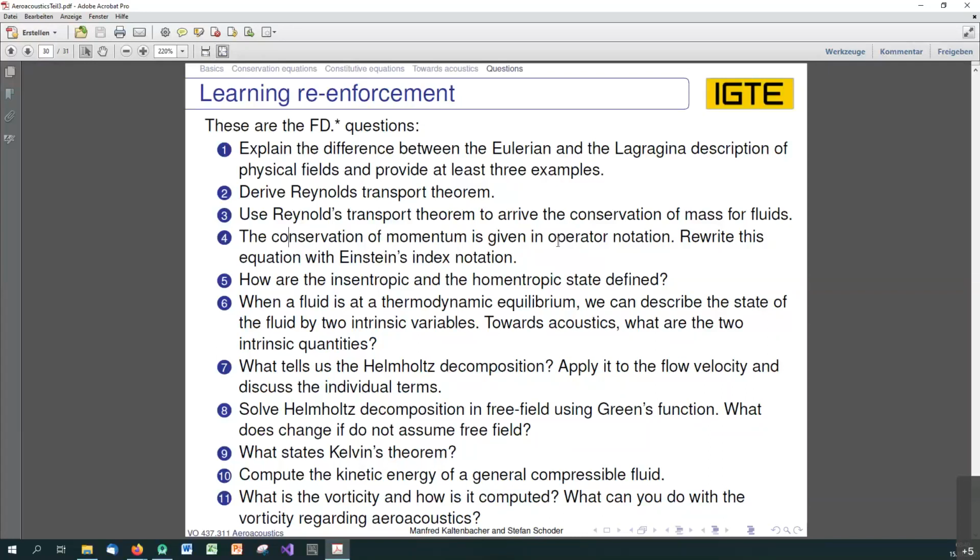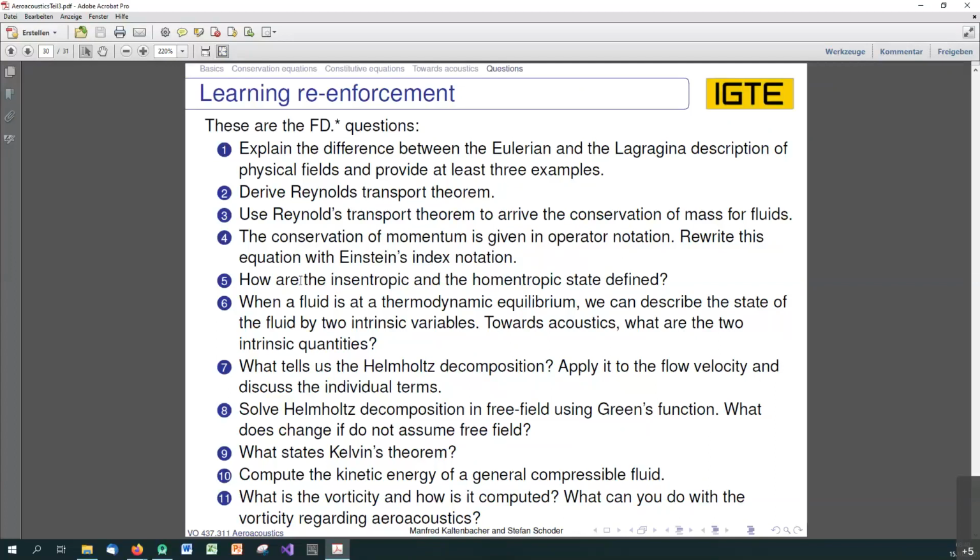Usually the operator notation is like the nabla operator, all this functional analysis stuff from math. And Einstein's index notation is really that you write the indices of the operators in a different way. That's more or less what we do.